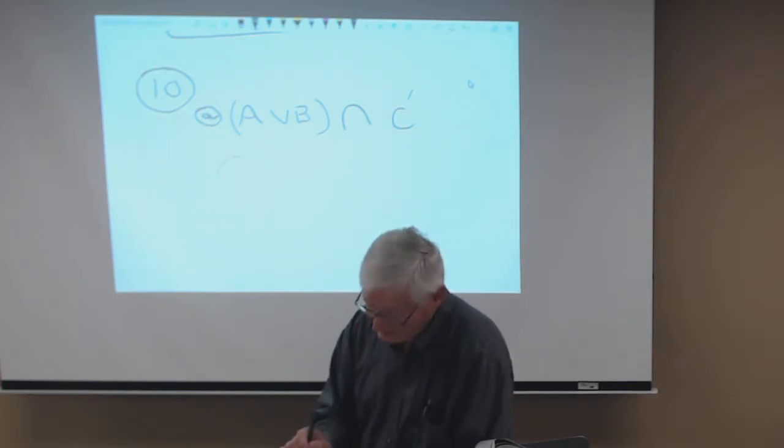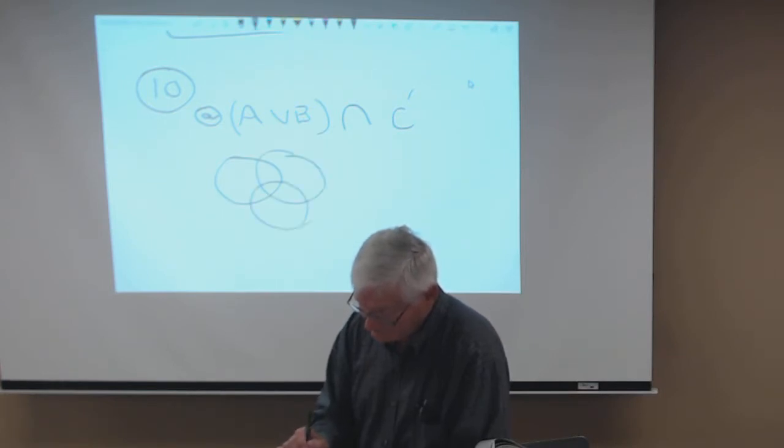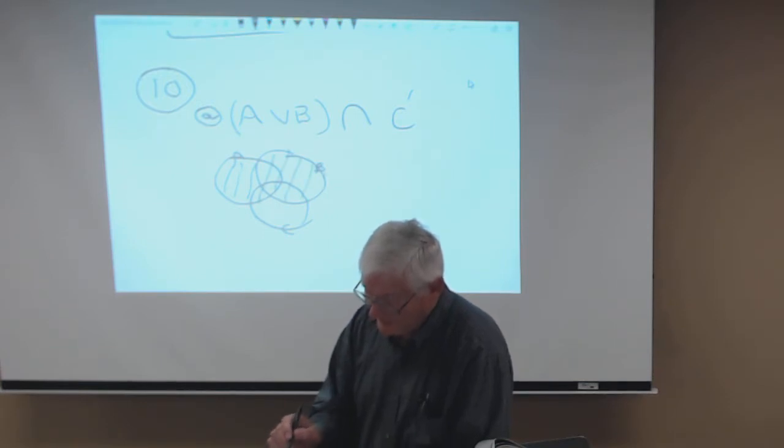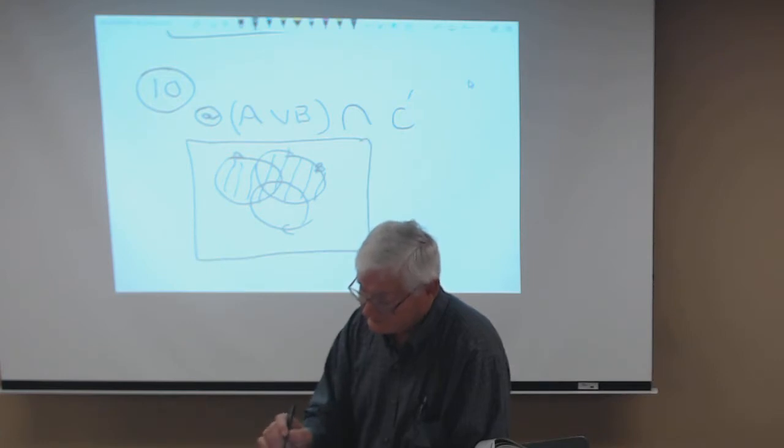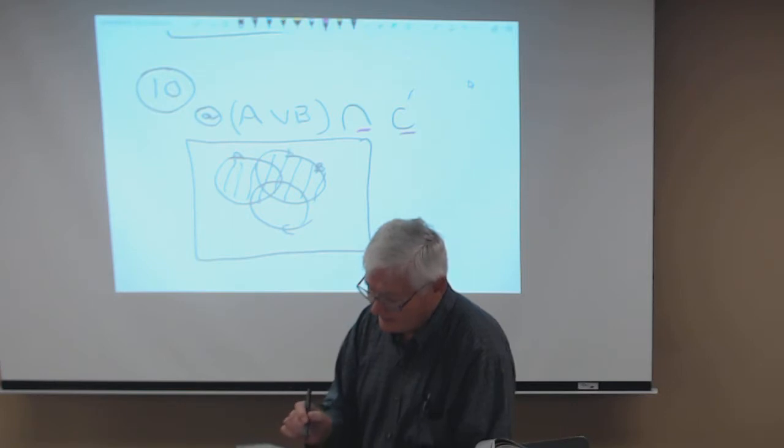Okay, here's A, here's B, here's C. The union of A and B would be all of this. And where does that intersect with the complement of C?